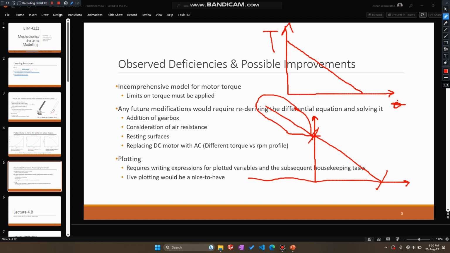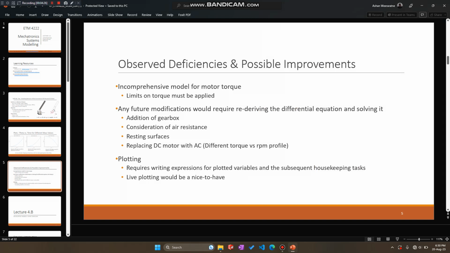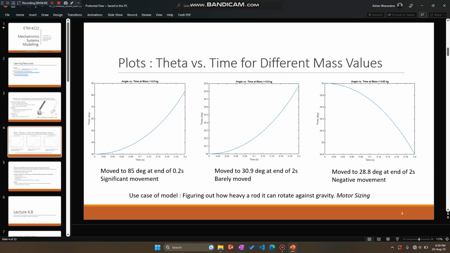And the false result that you obtain by the lack of this comprehension in this model can be observed if you run case C for more than 0.2 seconds. For example, if you run it for 2 seconds, then you will be able to observe some spurious action with regards to the curve, and that would be the effect of having such an incomprehensive model for the motor torque.